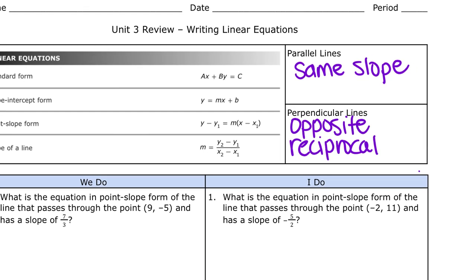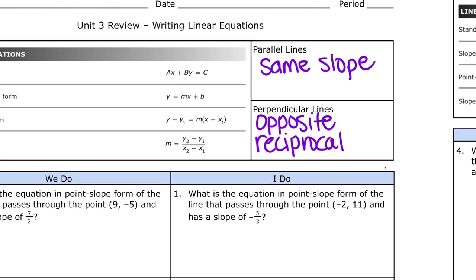So if you had something like 7/9, when you change it, it's going to become negative 9/7. One's positive, one's negative, and whatever's at the bottom goes to the top, whatever's at the top goes to the bottom. So switched and flipped.